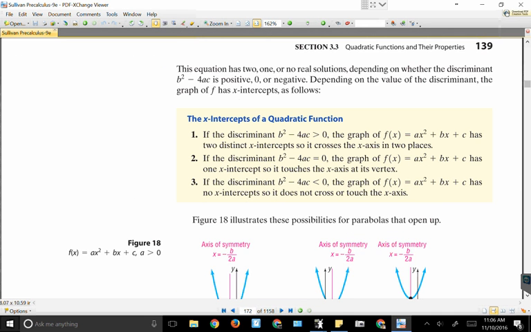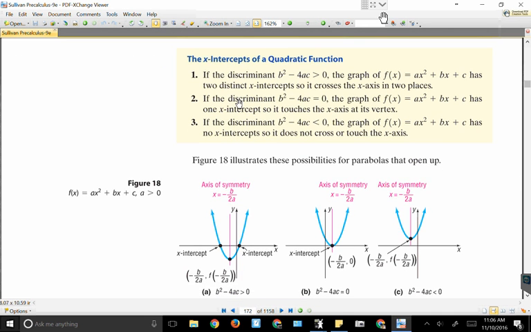So, x-intercepts and the quadratic function. Remember that wonderful little thing? Negative b plus or minus the square root of b squared minus 4ac all over 2a. And we worry about what's inside that radical. Well, if that radical is negative, does it work?